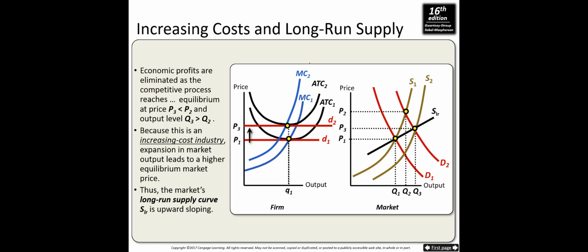Because this is an increasing cost industry, expansion in market output leads to a higher equilibrium market price. Thus, the long-run supply curve, the black one, is upward sloping. So we are not ending up at P2, but we are not going back to P1. Because of increasing costs in production, we end up somewhere here, P3.